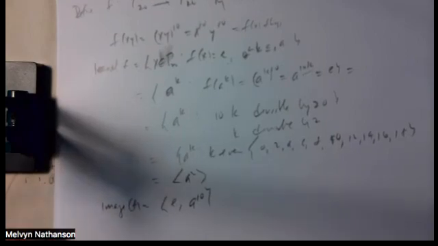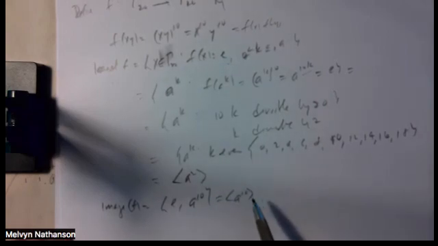And the image of f is just the identity and a to the 10th, which the 10th powers are just a to the 0, the identity, and a to the 10th. Any questions about that? So this is the kernel. This is the subgroup generated by a to the 10th.